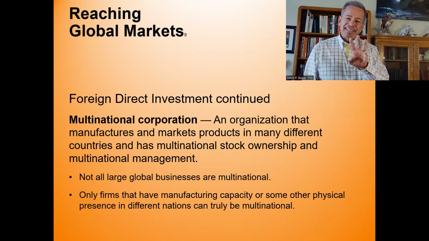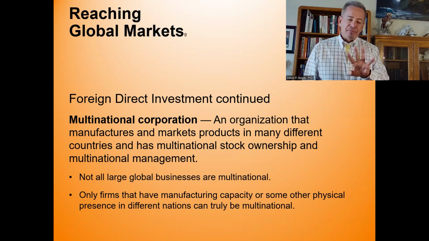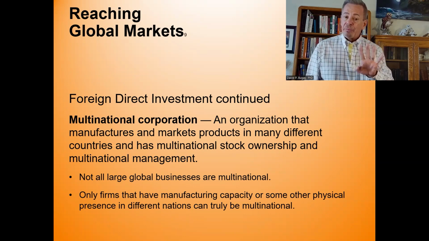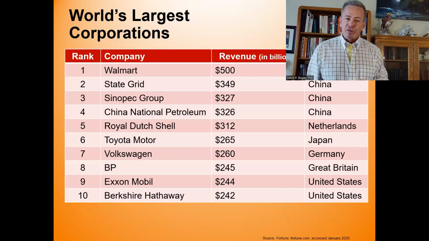Third, you have stock sold on a stock exchange in that country, and the majority of the employees are employed from people within that country. Those are the four traits. I would put those down on my notes that make up a multinational. You have a location, you have the management, you have the stock, you have the employees. Those are the four criteria for a multinational corporation.